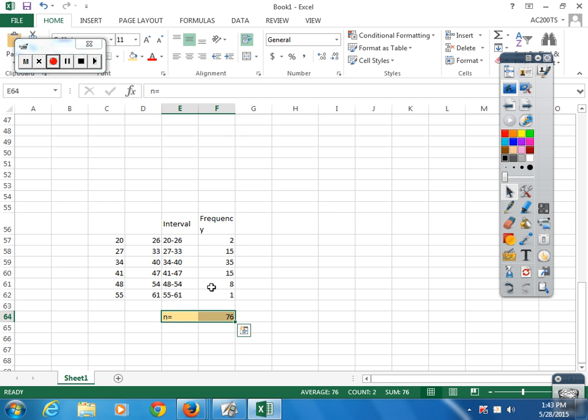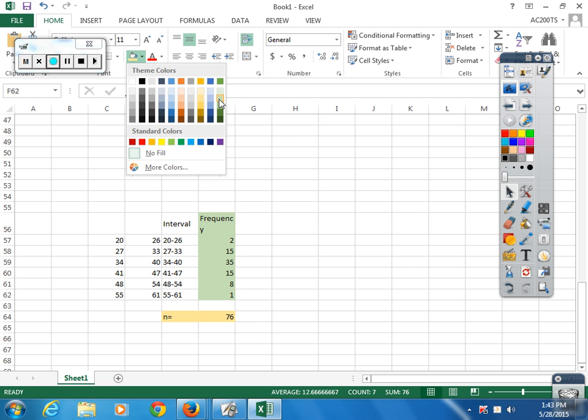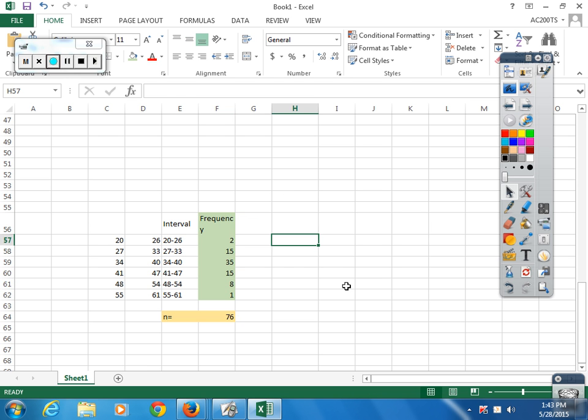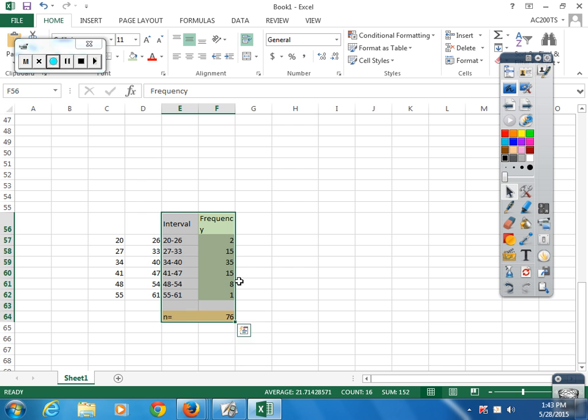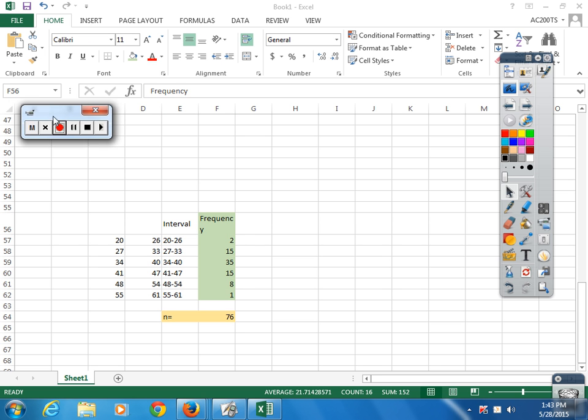So N is needed. Y is needed. What else do we need? X, which is midpoint. Good.